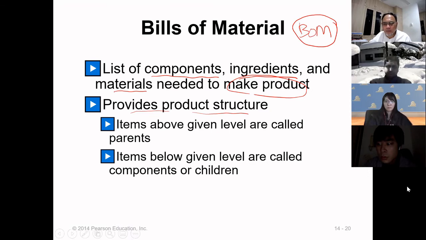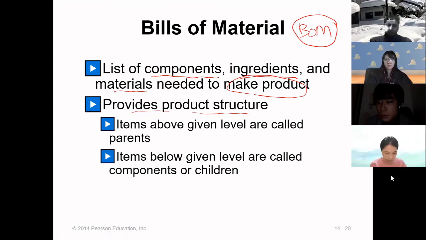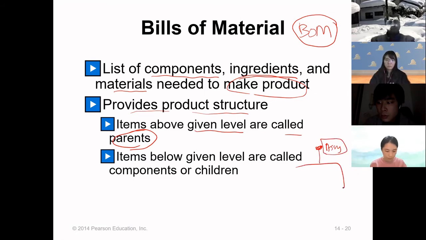A little bit of terminology. Items above a level are called parents. So for example, if we break down this assembly, this is the parent, but it consists of items A, B, C. So this is the child.